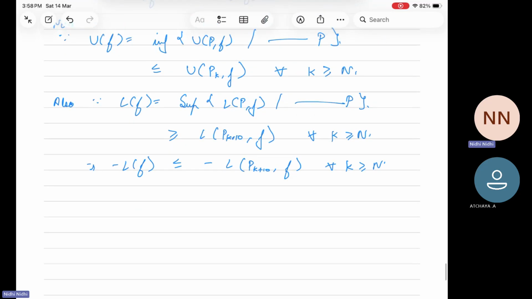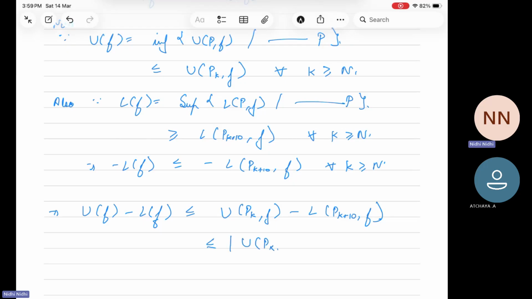Now adding up, we get UF minus LF is less than or equal to UPKF minus LPK plus 10F. We know that this is less than or equal to the modulus of UPKF minus LPK plus 10F, and this is strictly less than epsilon for all k greater than or equal to n.